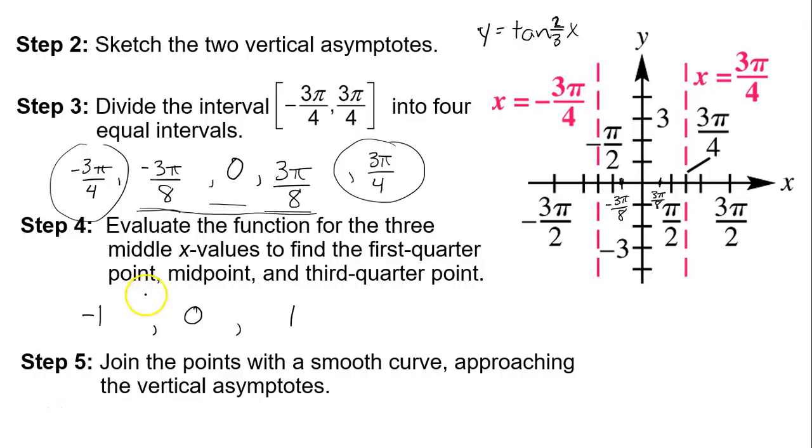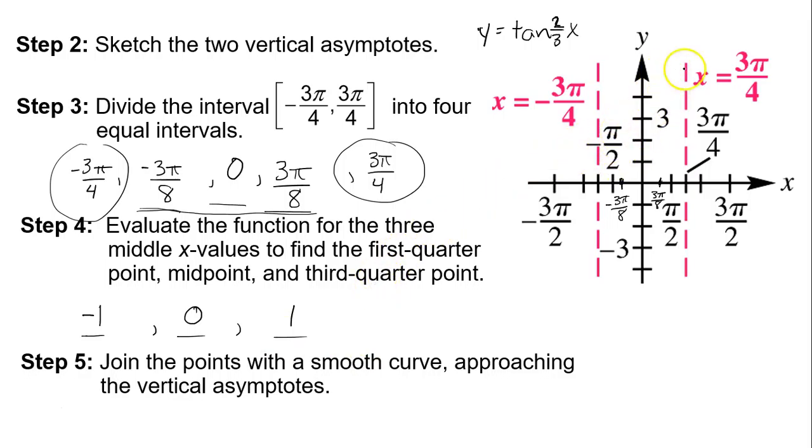And this is often the pattern that you will find whenever you are graphing your tangent and cotangent functions. These x values that you have found, you have broken up into equal intervals. You're going to find that one of your values is going to be -1, one's going to be 0, and the other one's going to be 1.